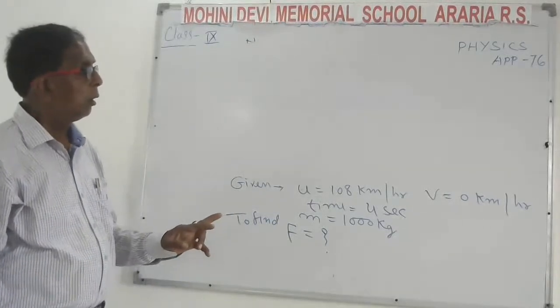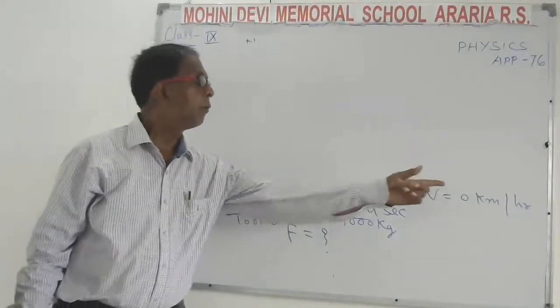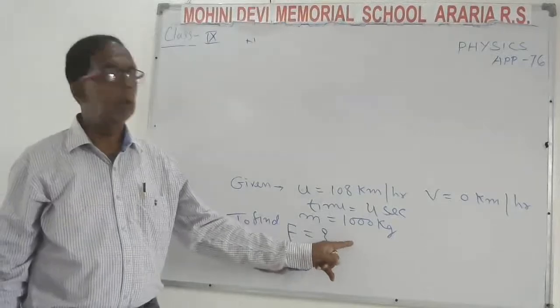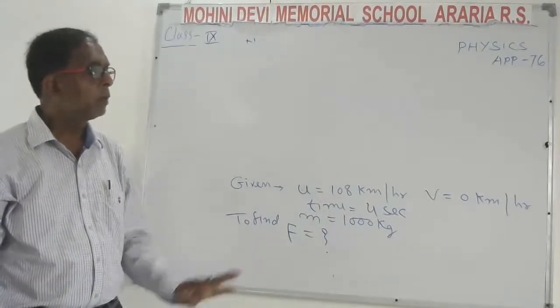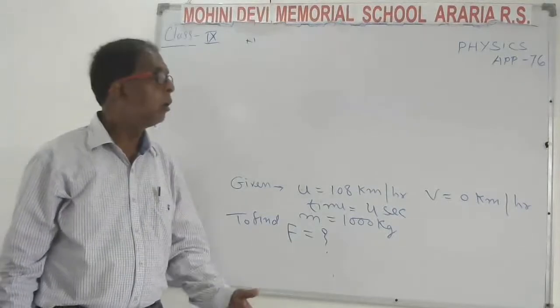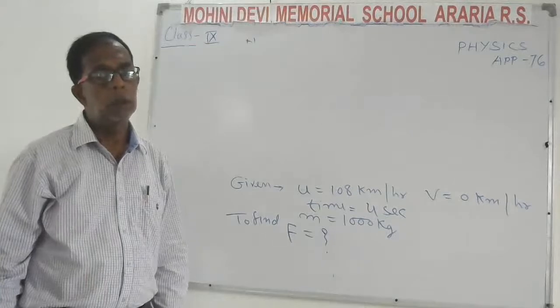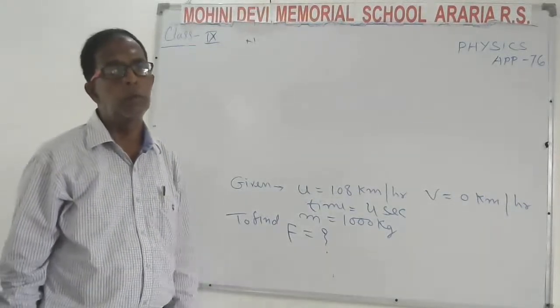Here, the initial velocity is given, the final velocity is given, mass is given, and time 4 seconds is given. It means we know that the rate of change of momentum is equal to the applied force, you know very well.